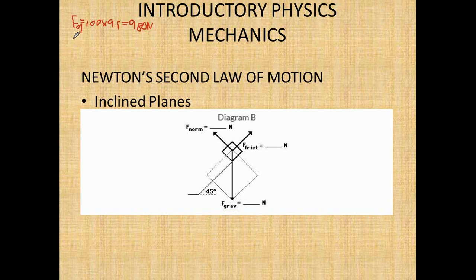The normal force is equal to the force due to gravity times the cosine of the angle. So it's 980 times the cosine of 45.